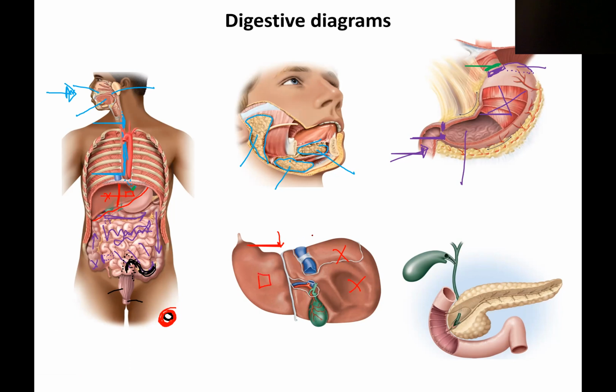Embedded in the dorsal side of the right lobe, you have the caudate lobe, which is a rectangle right next to the inferior vena cava, and the quadrate lobe, which is typically near the gallbladder.